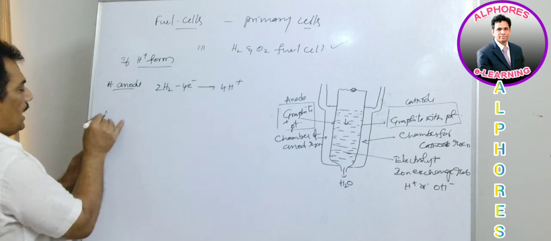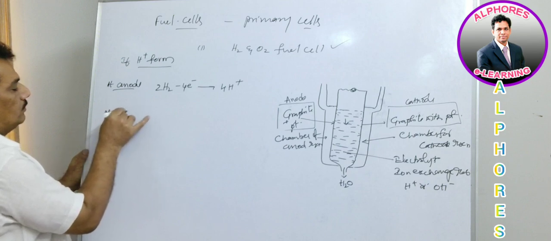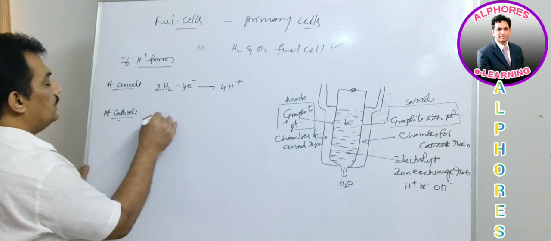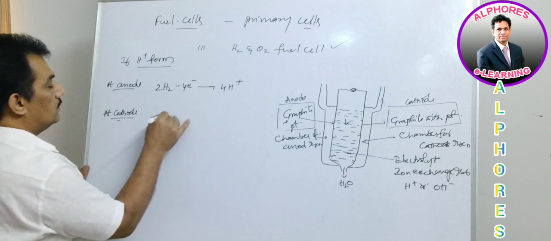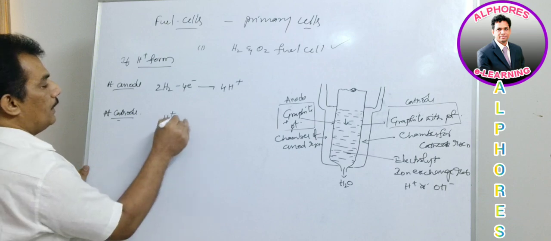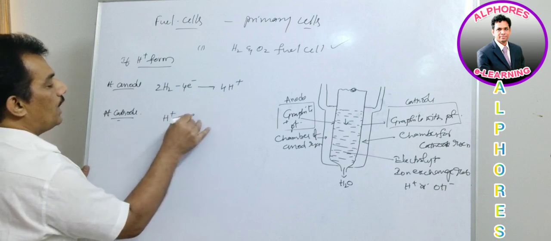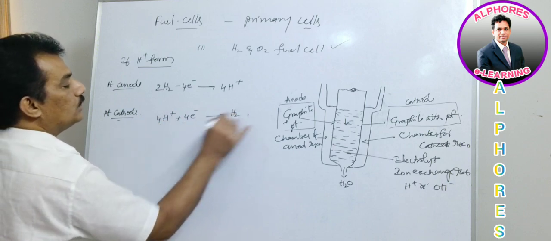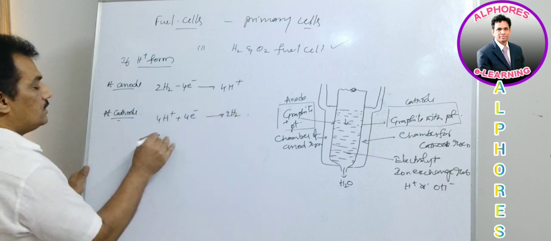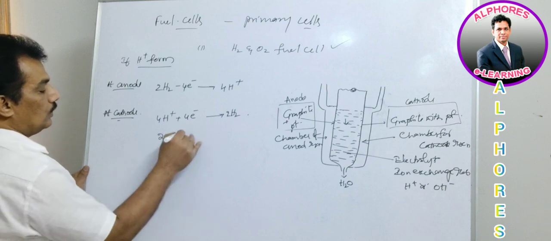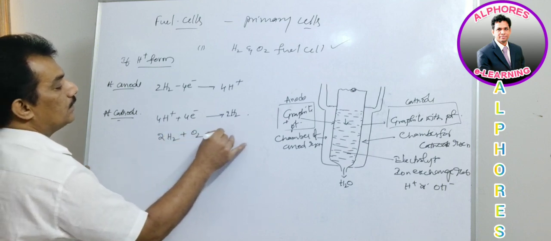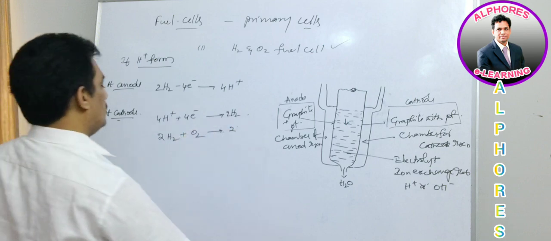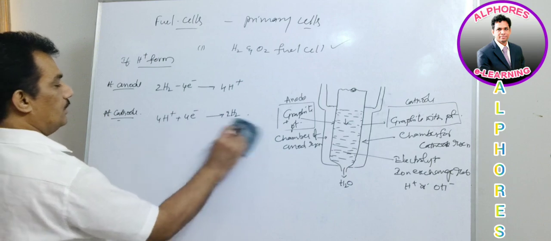And at cathode, H plus by taking 4 electrons converts into H2, and this H2 by taking oxygen converts into, let me write the equation in a different manner.